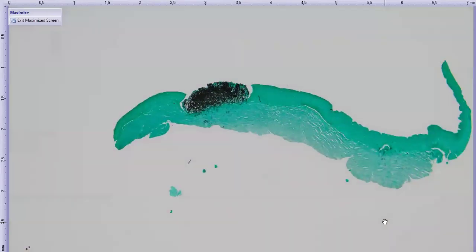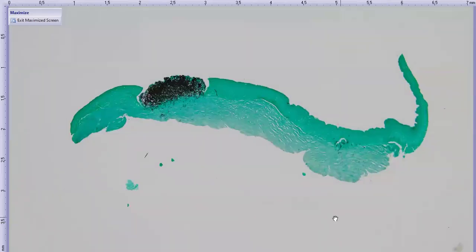And then just to see things better and to give you some color in your life this morning, we did throw on some special stains. So here is a GMS stain. We can see that it highlights the fungal hyphae organisms very well. We can see that it starts to infiltrate into the corneal stroma.